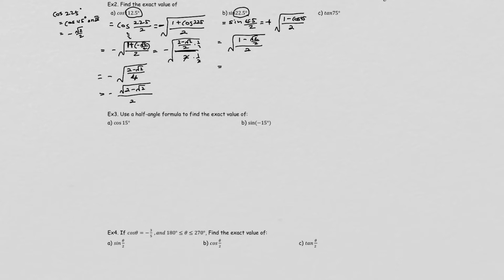When you simplify the numerator, this is going to be 2 minus square root of 2 over 2, over 2. So when you get rid of the complex fractions, this is going to be square root of 2 minus square root of 2 over 4.